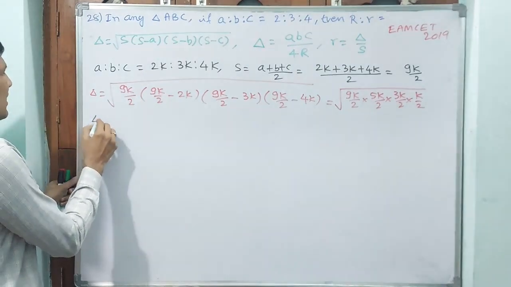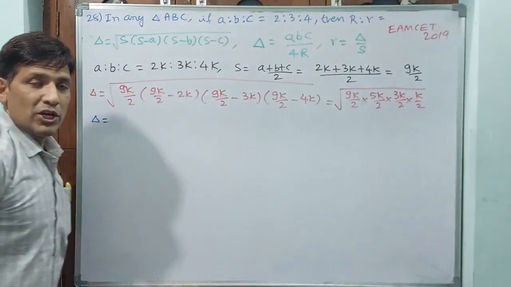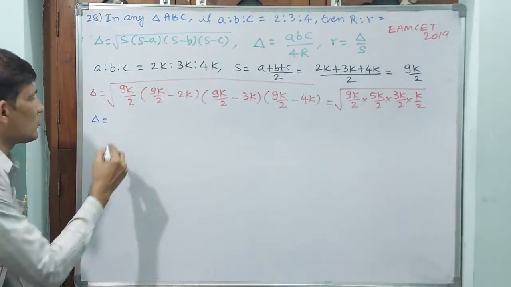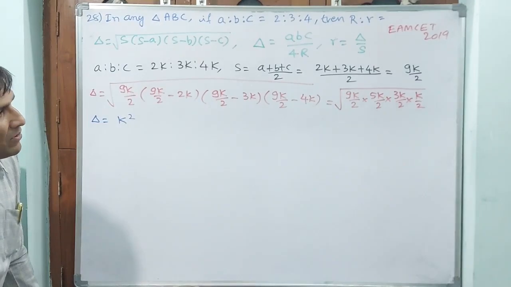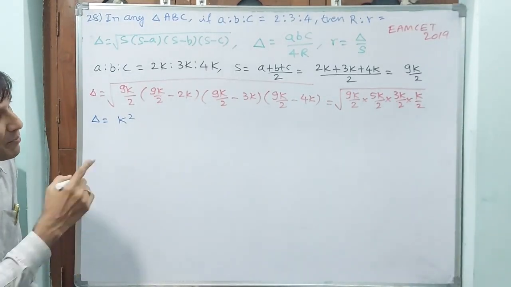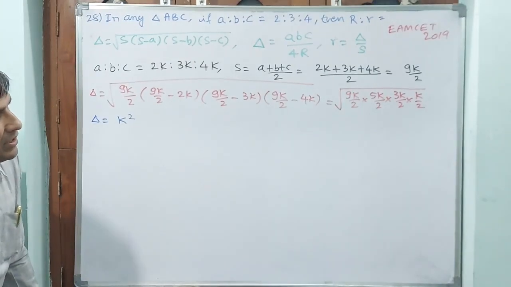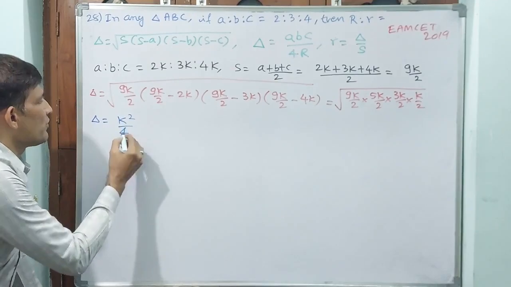Again you write delta is equal to, you see, k into k into k into k, k to the power of 4. If you take out k square, now see here no calculation is there. 9 into 5, see, denominator you can take out, 16, that means 4. K square by 4 you take out.